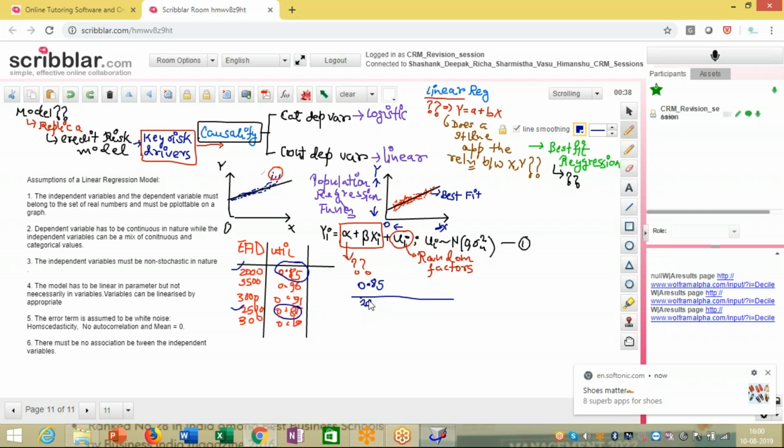So this is 2000, this is 2500. Similarly for 0.9, I will again get values like that. So it is 3500, 3000, and so on. Right?